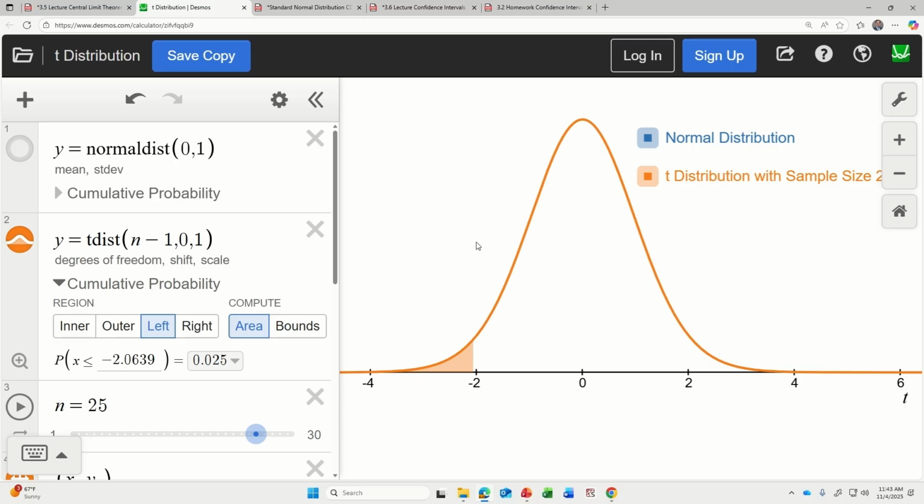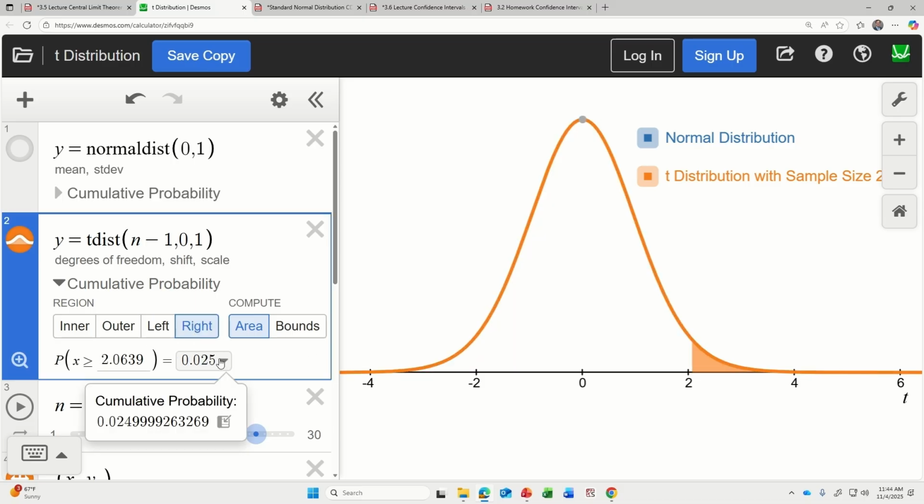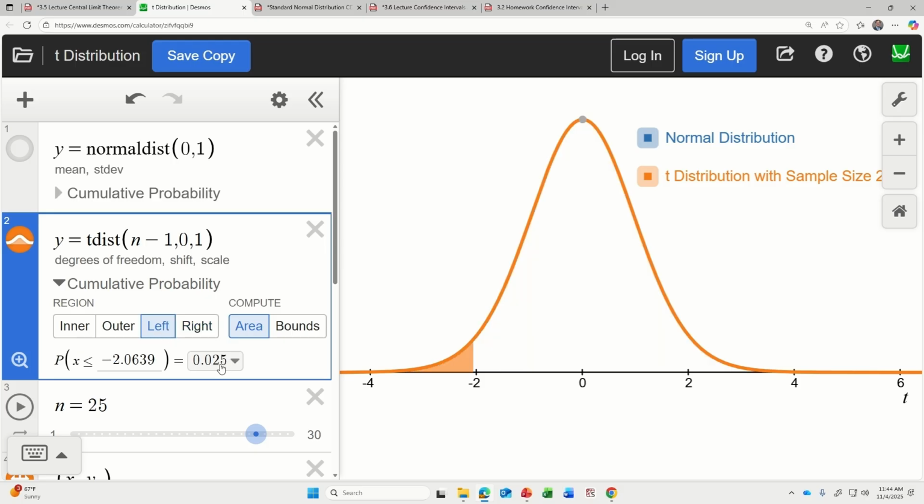But since this is symmetric about 0, if I took the area to the right of positive 2.0639, that's going to be the same shape, the same size, the same area. I'll show you. You just change this to right, change this to positive, and still the same area, still 0.025. You make it negative, you make it left, still 0.025. That's why that little trick works.